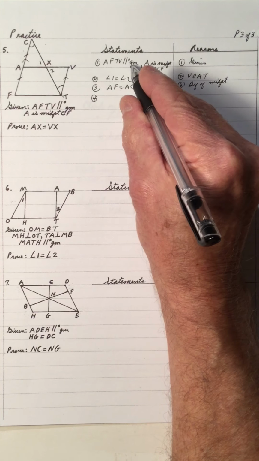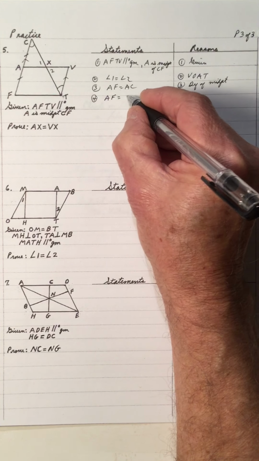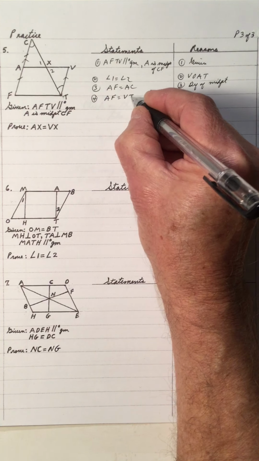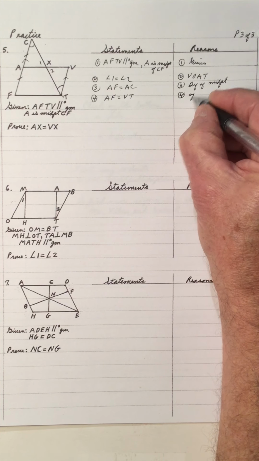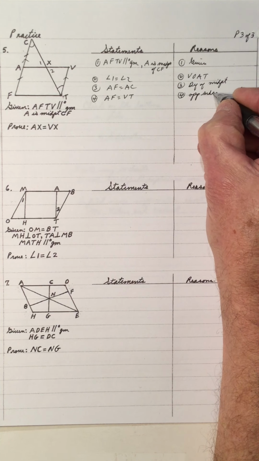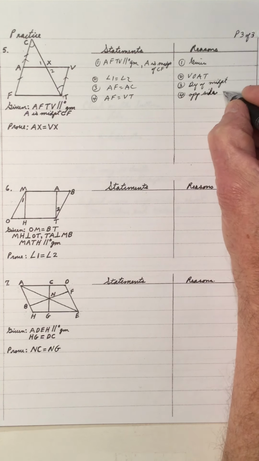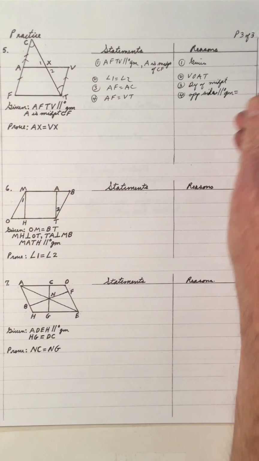And we have a parallelogram, so that means that AF is equal to VT because opposite sides of a parallelogram are equal.